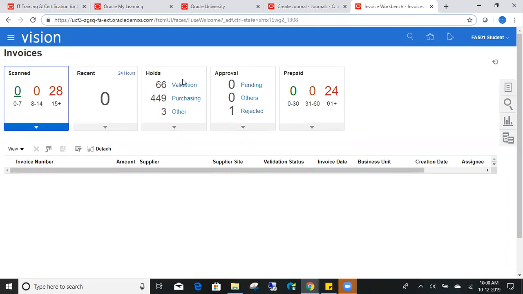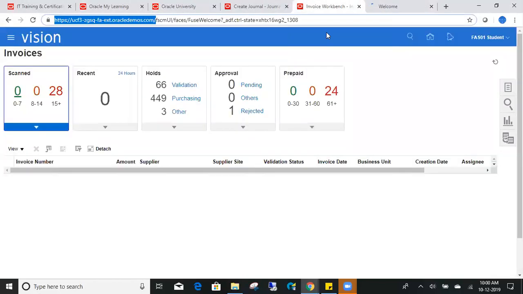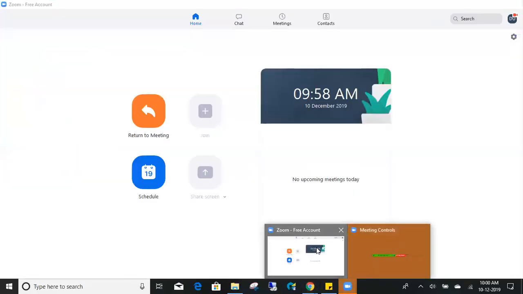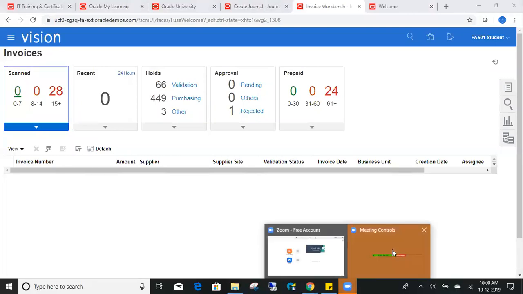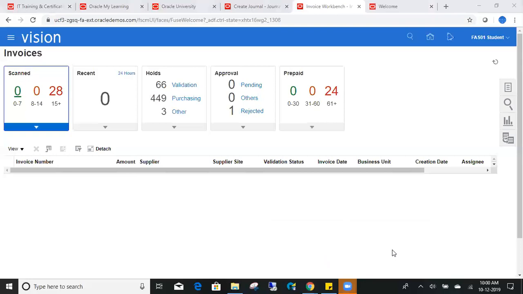So here the invoice also we have two different types. One is non-PO, another one is PO. Okay, so you know the difference between PO and non-PO, right? What is the difference? Any idea? Exactly.